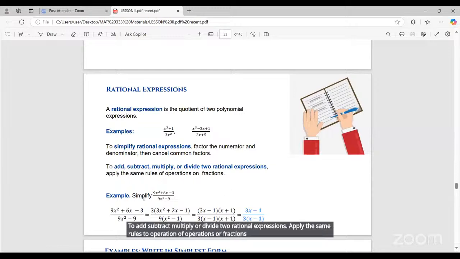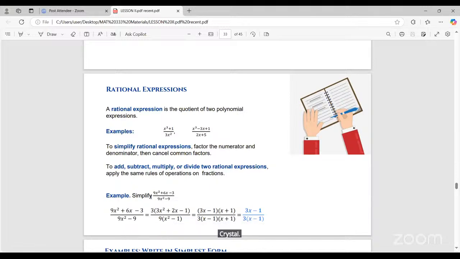Now, let's look at this example: 9x squared plus 6x minus 3 over 9x squared minus 9. We first factor it out, then simplify, cancelling those things that can be cancelled. In 9x squared plus 6x minus 3, what is common? 3 is common. 3 comes out, and we have 3x squared plus 2x minus 1.